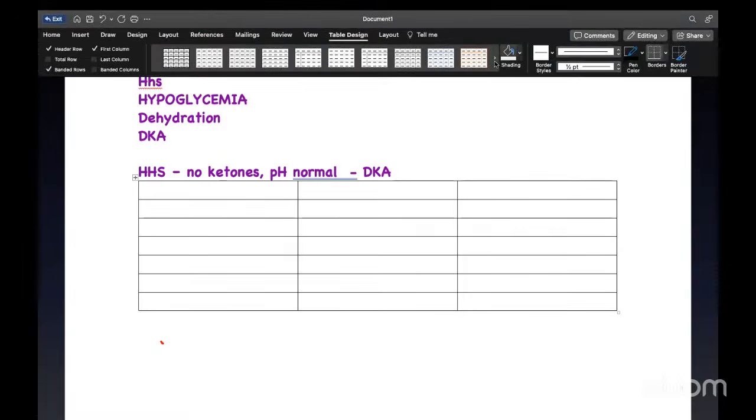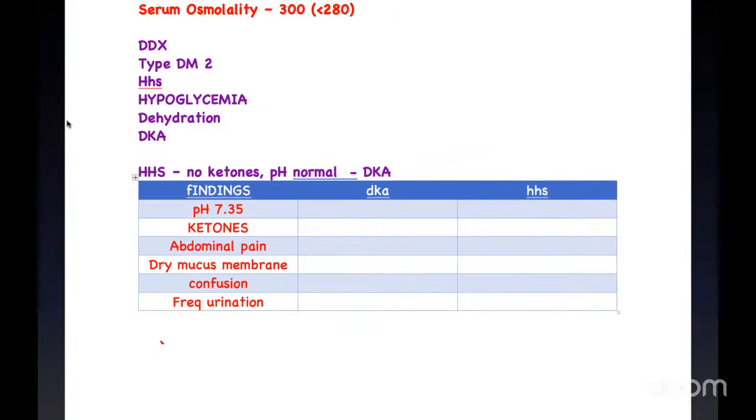Assuming we have a table, let's make a table from here. You look at it and say, okay, which one is associated with a pH of 7.5? Normal. This is the right thing. Ketones, DKA has ketones. Abdominal pain is mostly DKA. Dry mucous membranes, what do you guys think?